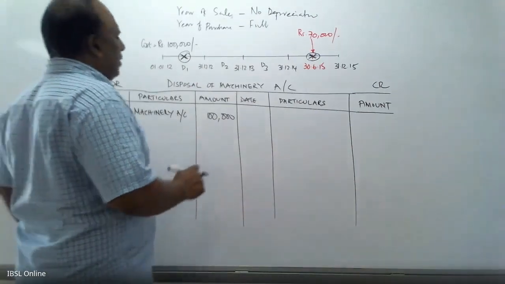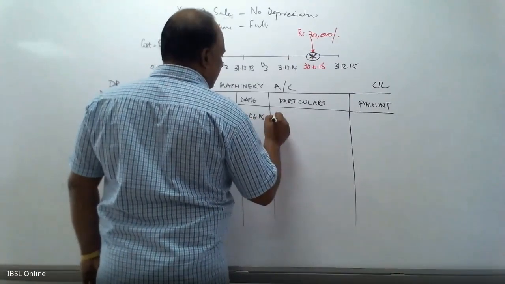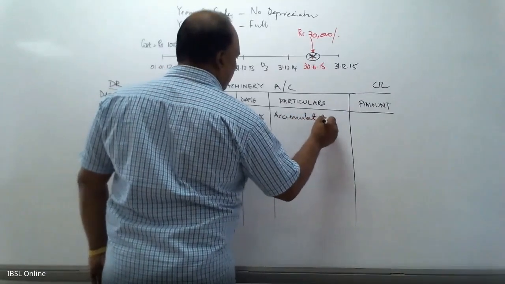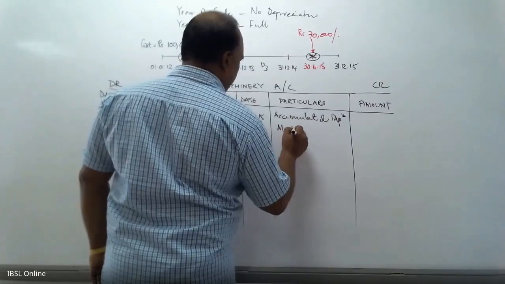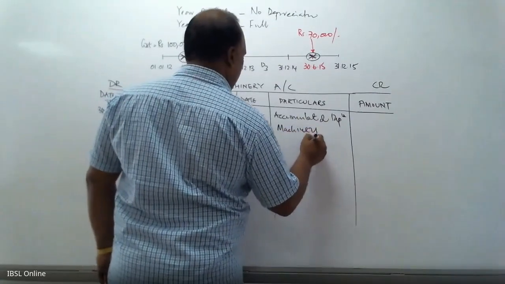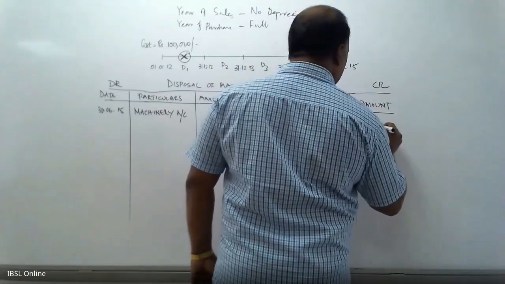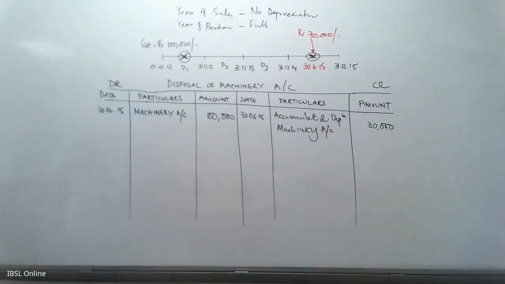So based on part 1, 30th June 15, accumulated depreciation machinery, you will put 30,000. That is step 2. Step 1 is removing the cost. Step 2 is removing the accumulated depreciation of the asset as at the date of the disposal.